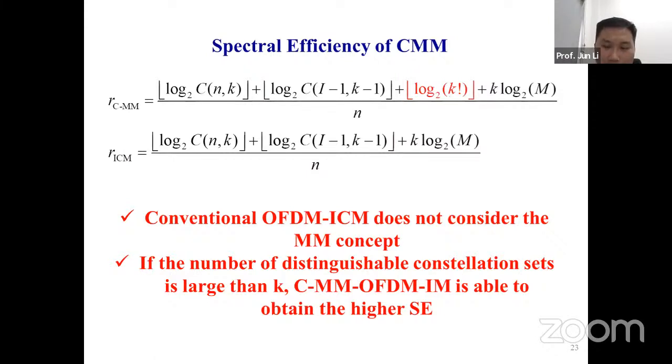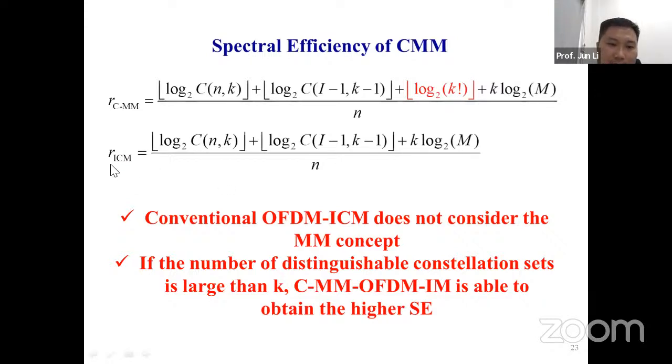We call it mode base. This is the number of different constellation permutations. And the last one is the number of modulation bits, right? So the K subcarriers will transmit K modulation symbols. So the modulation bits is equal to K multiplied by log2 M.